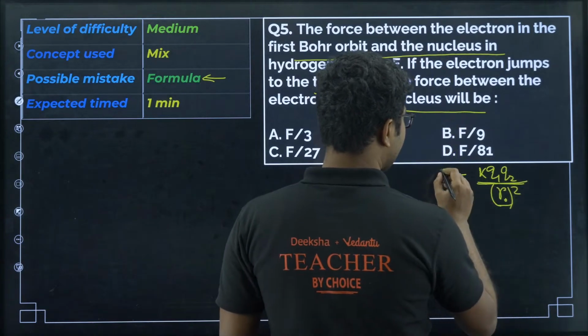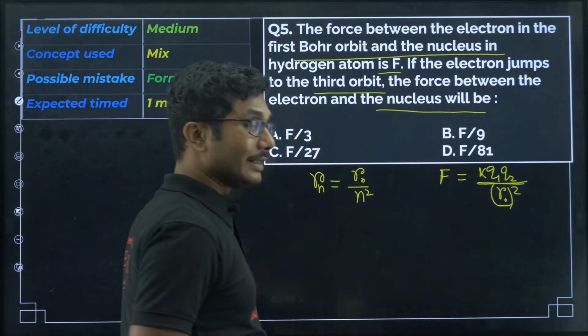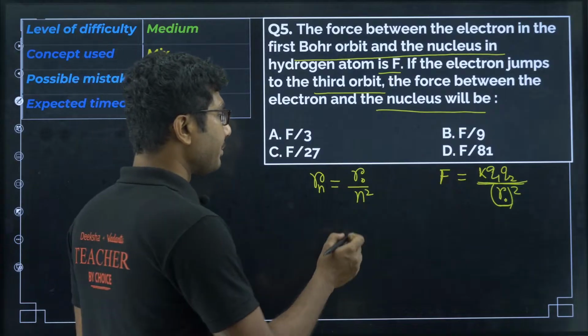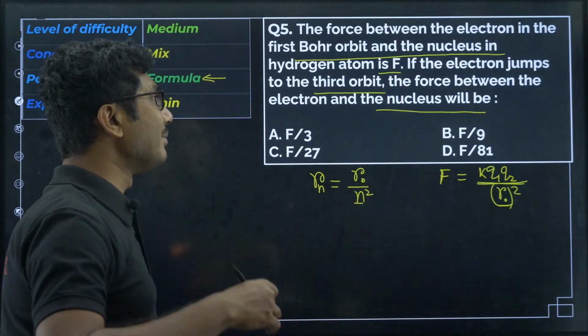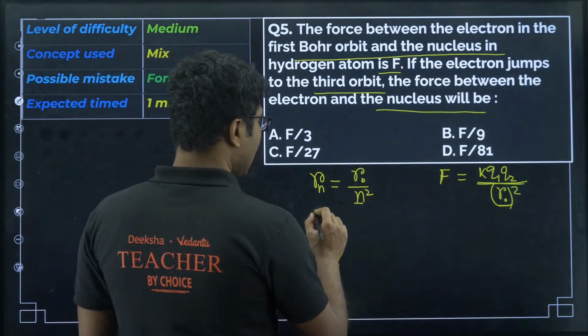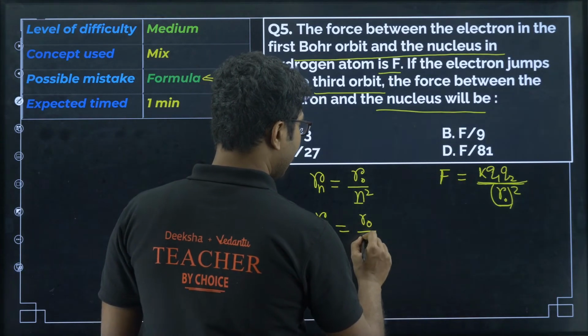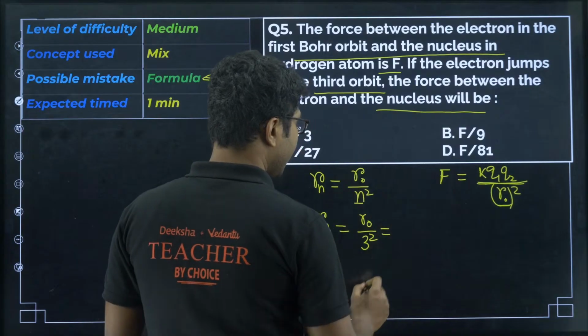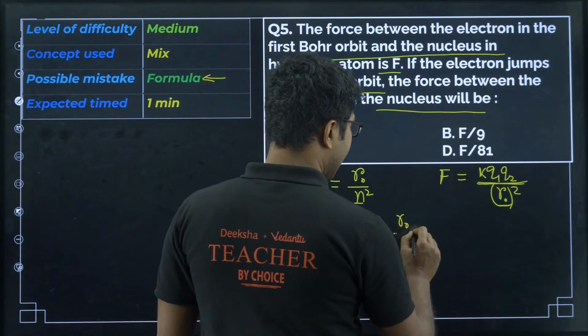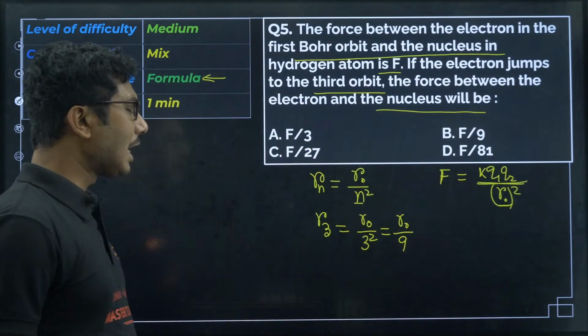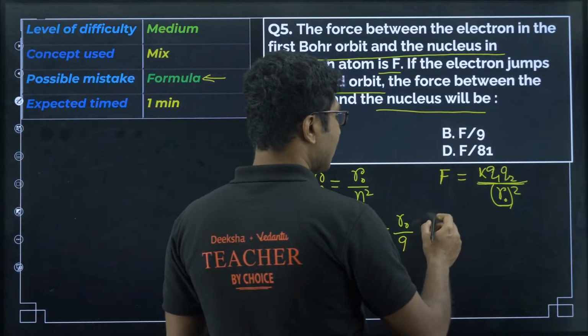So this is the first case, when it is in the first Bohr orbit. First Bohr orbit means n equals 1. Now, when it moves to the third Bohr orbit, then R3 will be R0 divided by 3 square, so it will be R0 by 9. So now what will be the force?